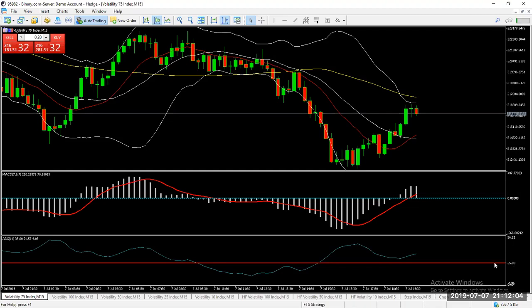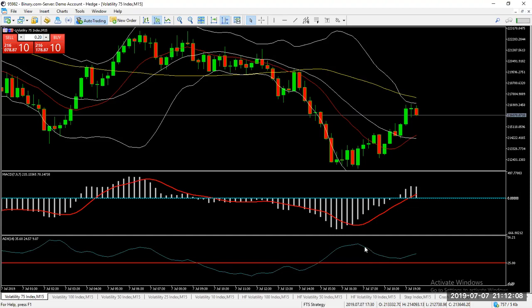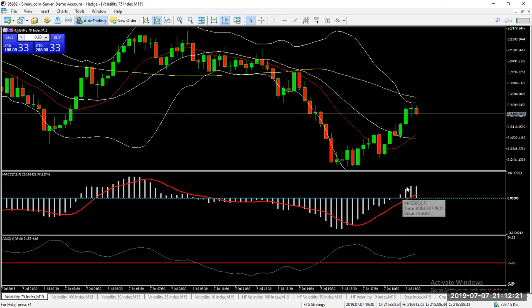This is the 25 position line. I hope you all have that. So as long as this line is above the 25 area, and there's a break on the Bollinger band and the MACD is showing a change in direction, that is a valid trade.